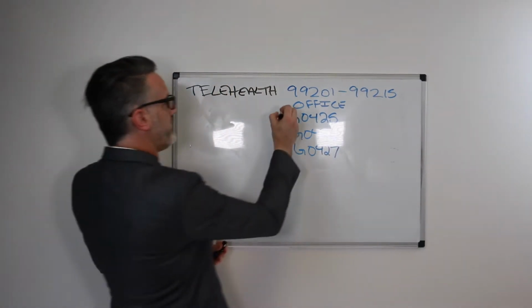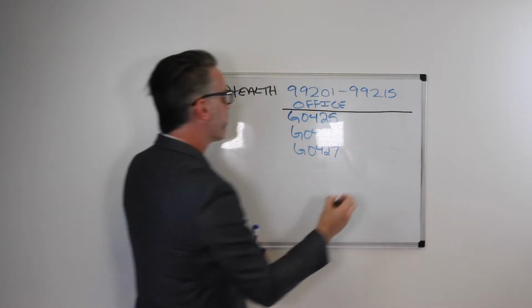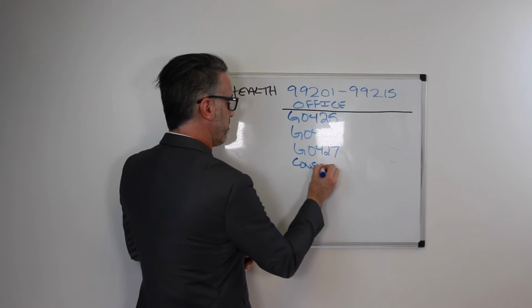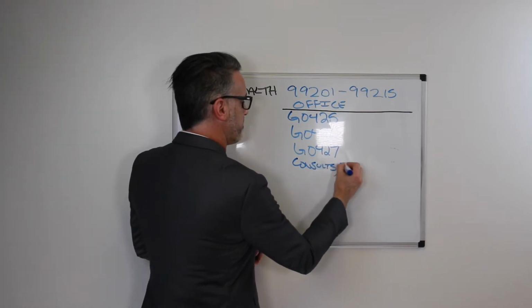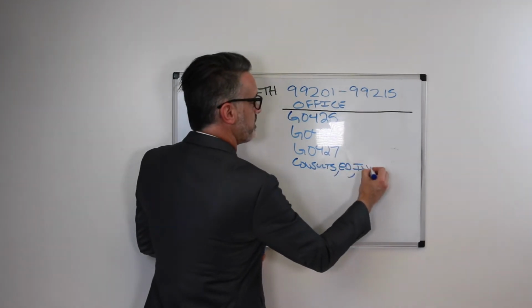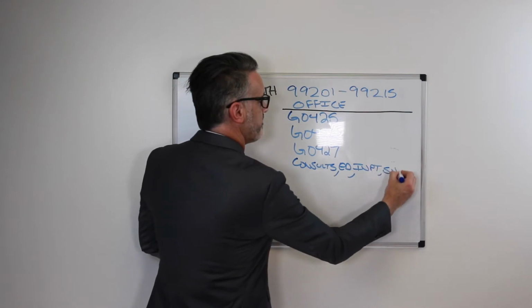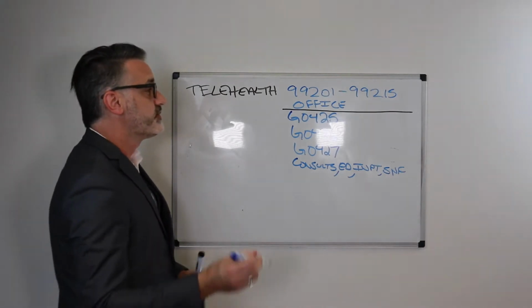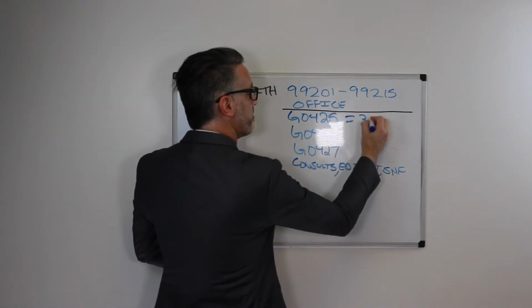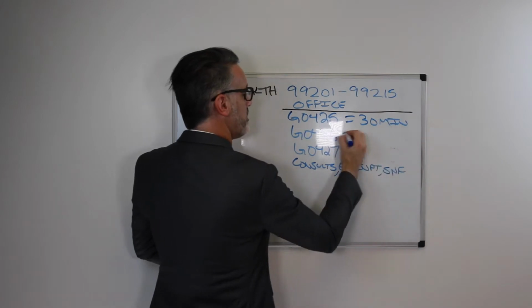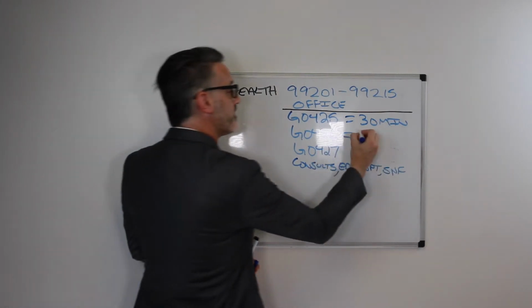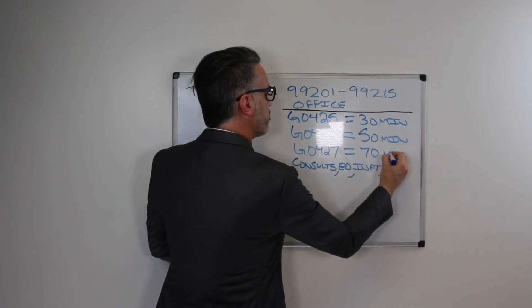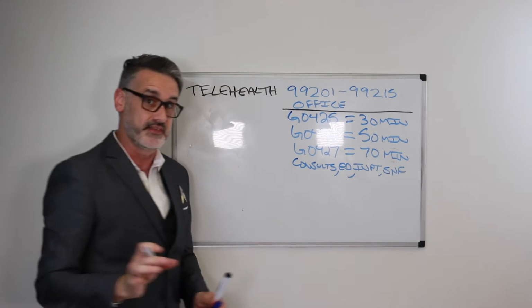Again, we're dealing with consults, the emergency department, inpatient, and SNFs, the skilled nursing facility. And the times based on these, G0425 would be equivalent to 30 minutes, G0426 equivalent to 50 minutes, and G0427 equivalent to 70 minutes.